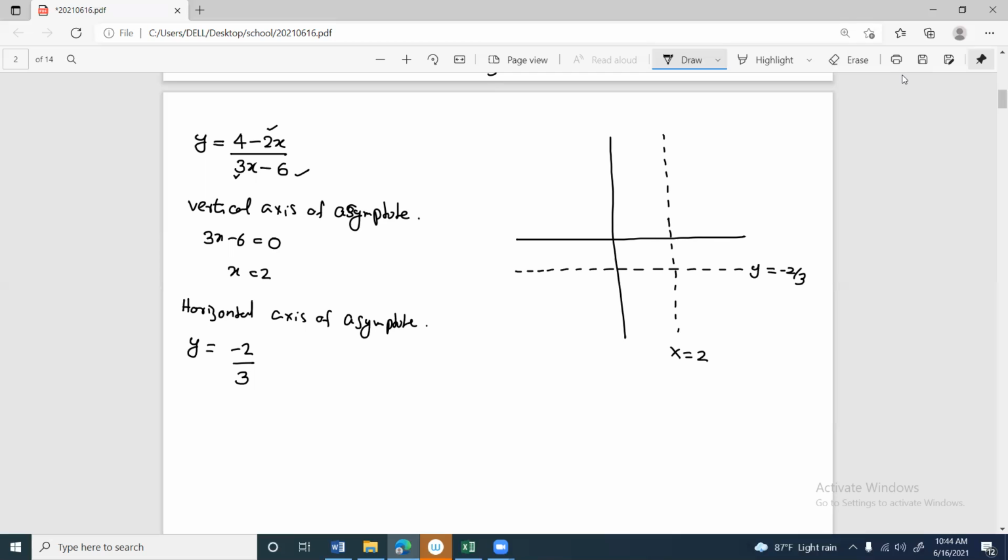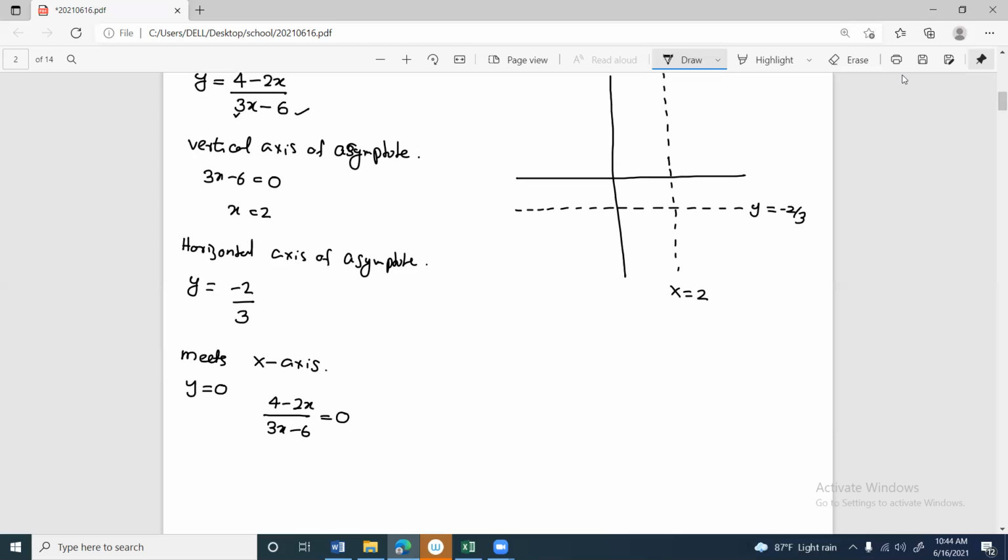Then we need to see whether the graph meets the x-axis. The graph meets the x-axis means the y coordinate equals 0. That is (4 minus 2x) over (3x minus 6) equals 0.